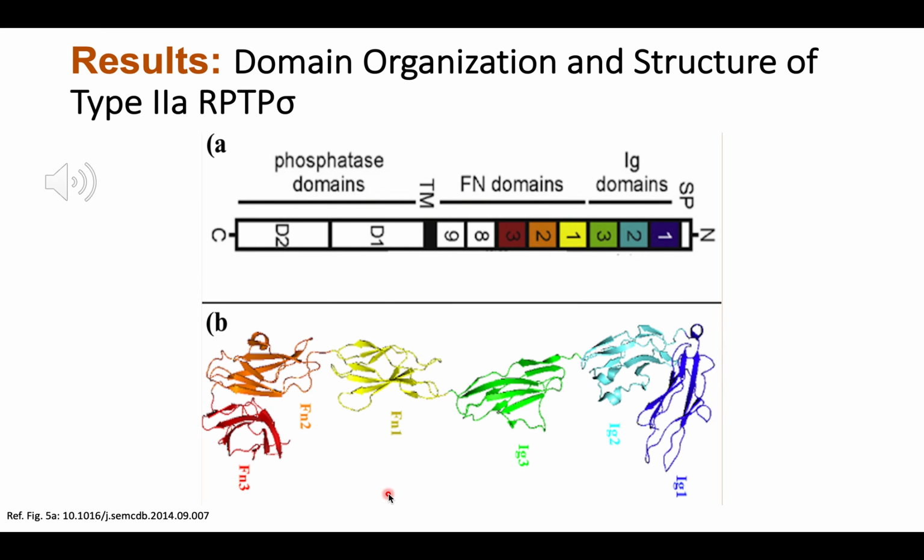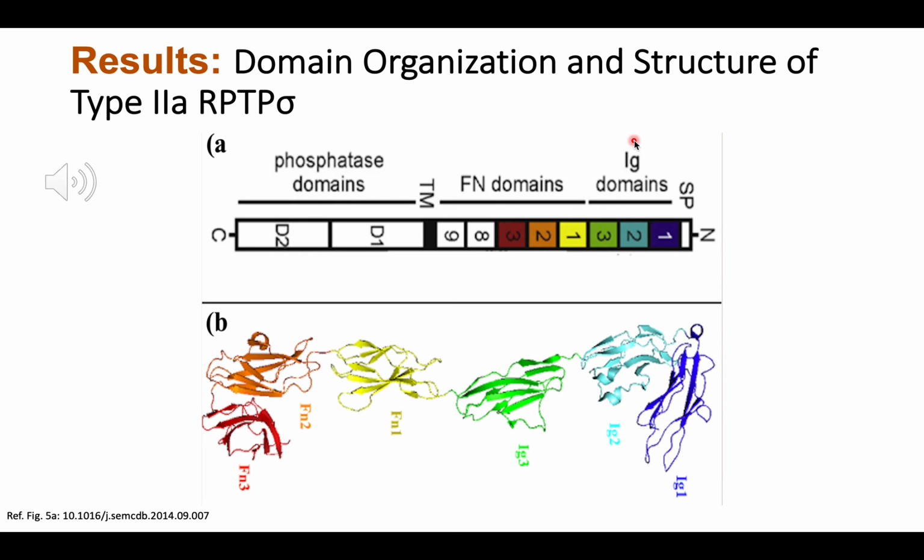So the first experimental results obtained within the study concerned the domain organization and structure of type 2A RPTP sigma. Figure A provides a schematic representation of the domain organization of the receptor and also provides an insight into the common domain architecture that is present within the type 2A family.